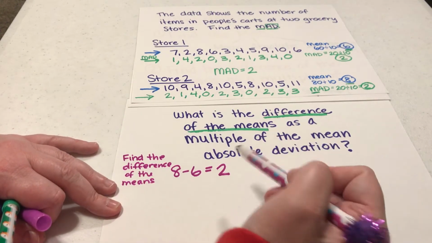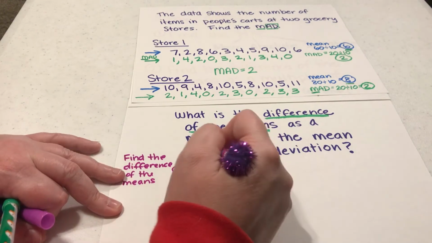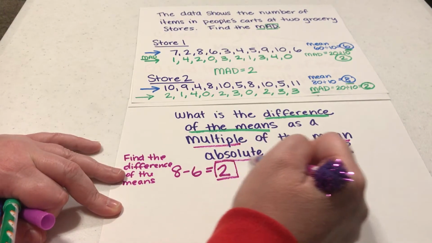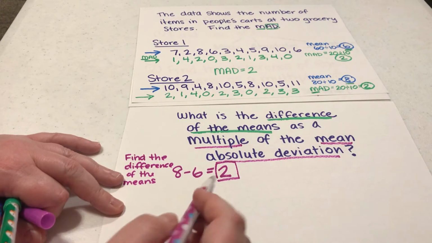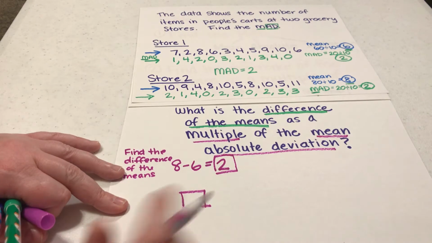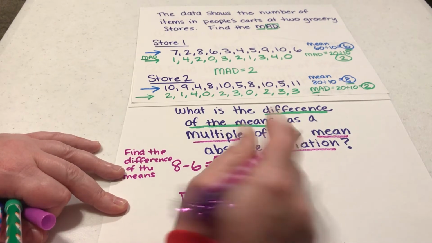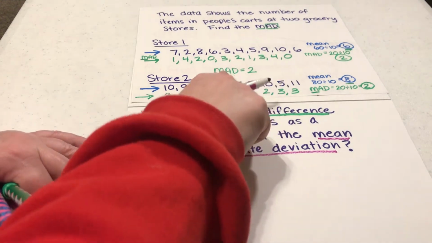And then I want to write this number, my number 2, as a multiple of the mean absolute deviation, or the MAD. I want to have some number, we don't know what that multiple is, times, because it's a multiple, times the mean absolute deviation, the MAD. We calculated that.